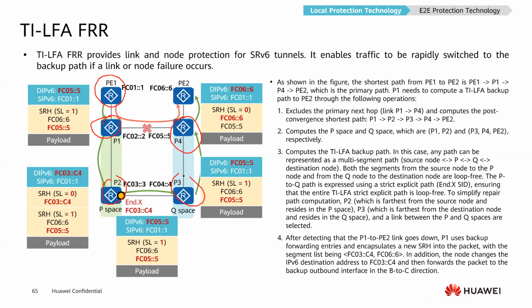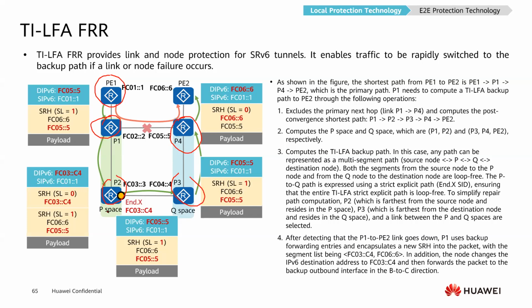You cannot find the PQ point. Without the PQ point, the device thinks maybe there will be some potential loop, so I will not forward it. I will not create the path.